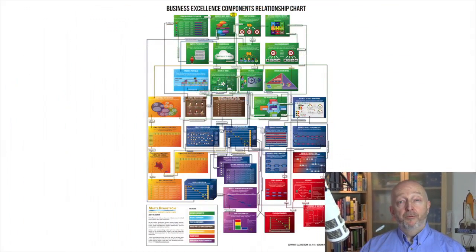As I said in one of the earlier videos when I started this series, people are working within one or two or three of these components, but others are working with two or three of other components. And they never talk to each other because they're separate departments or separate levels in the organization.